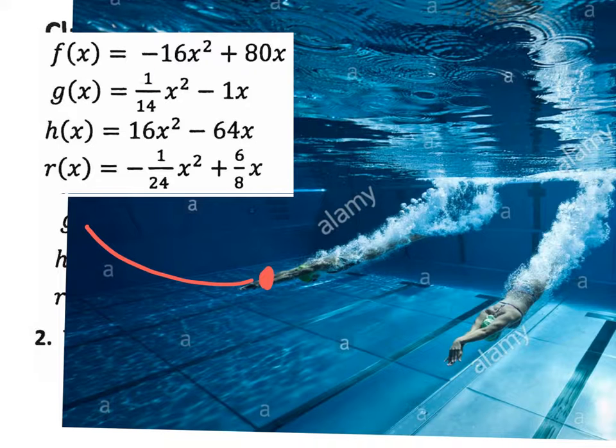G of x. Definitely a wide parabola. If the a value is closer to 0, it's definitely wider. This would not be good unless like somebody gets dropped off a building and then dives right into the water, right? So yeah, it would have to be the wide parabola opening up. So this one would be g of x.